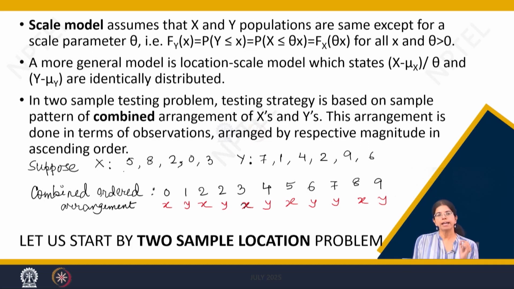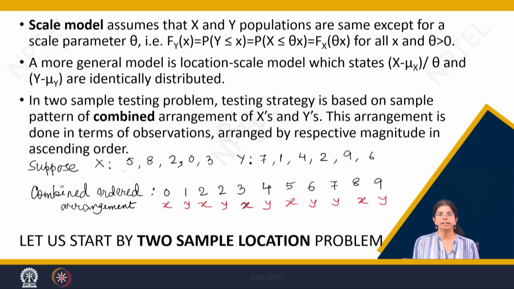just see I have written which population each sample is coming from. So 0 is a member of the X population. That's why I have written small x. 1 is coming from the second population, the Y population.